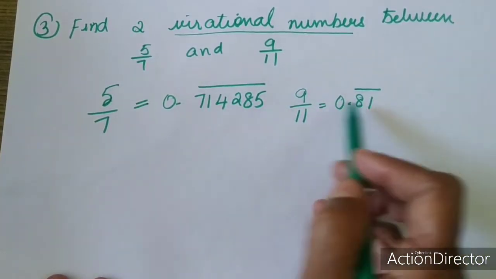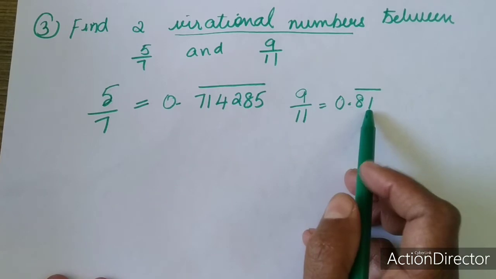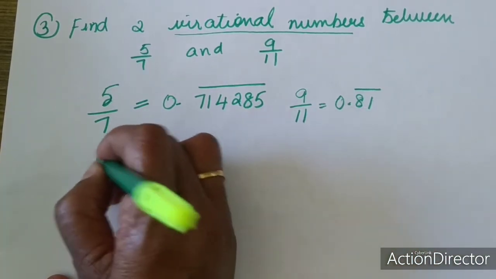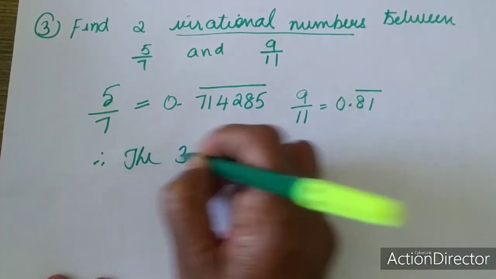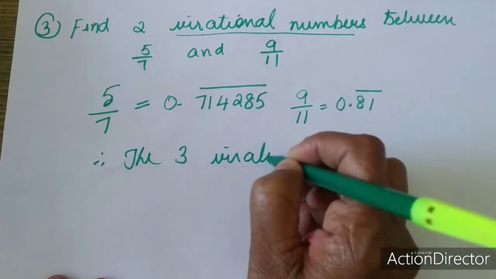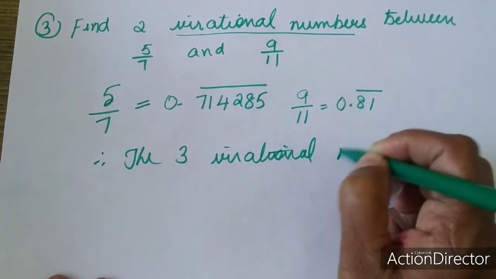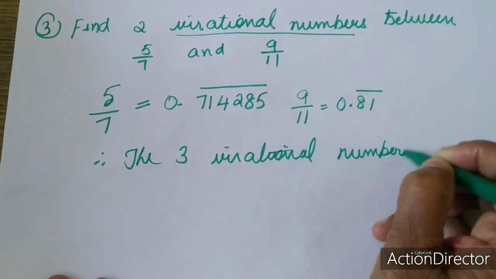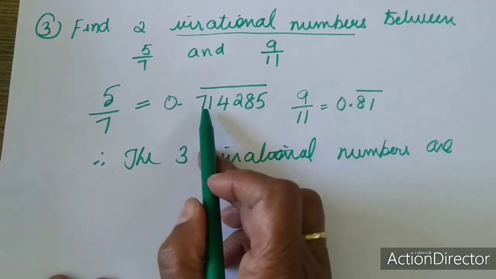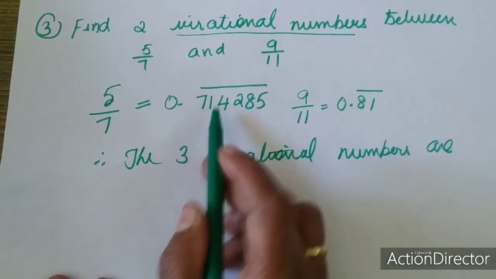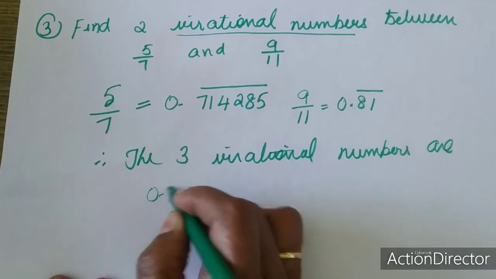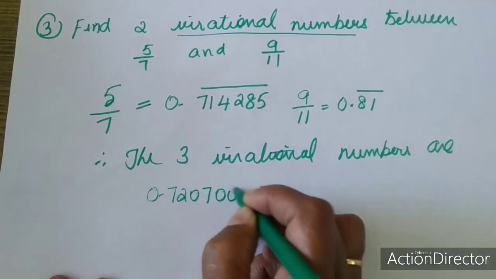Now, between these two numbers, I have to find an irrational number. Therefore, the three irrational numbers are: since you have 0.71, I can start with 0.7207, any number.